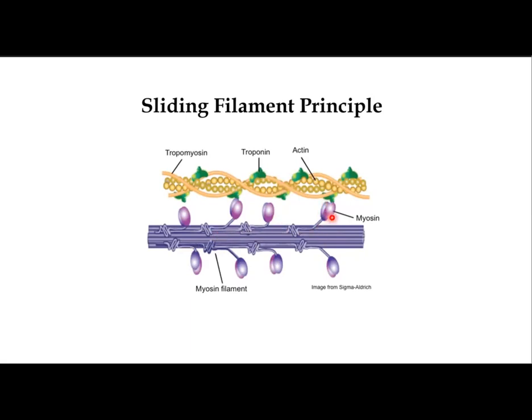Okay, so in order for a muscle to contract, this myosin needs to connect somehow with the actin. Okay, but it is not so easy. It needs to have access to the actin, but the actin is surrounded by, let's say, a bicycle chain. Okay, so there is a protection around this actin, so the myosin cannot just go and hook on it.